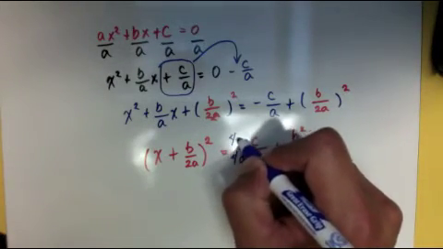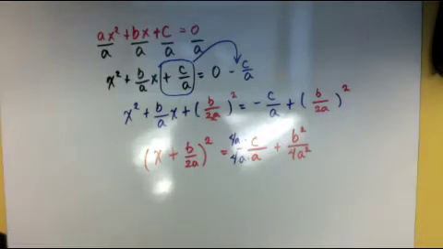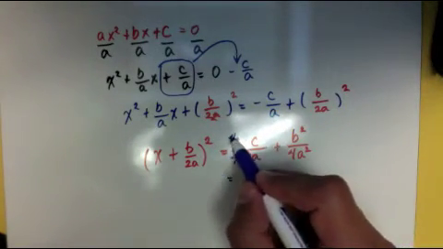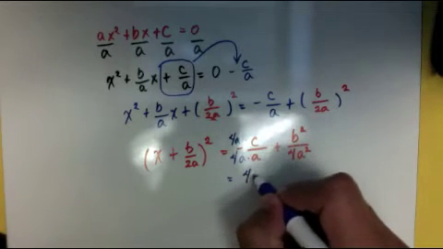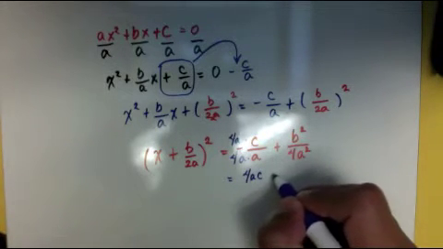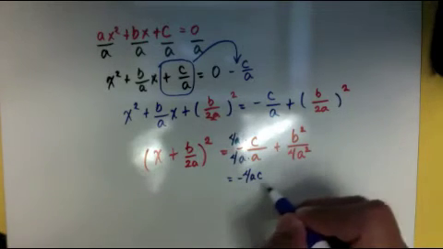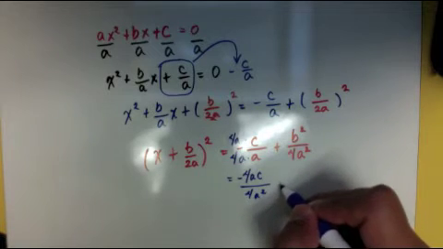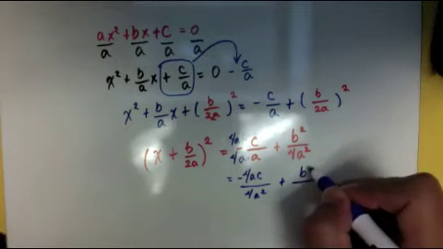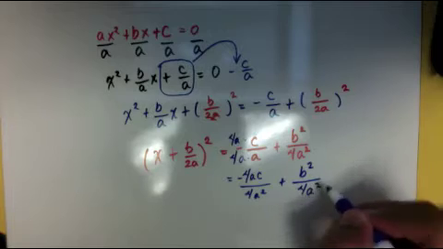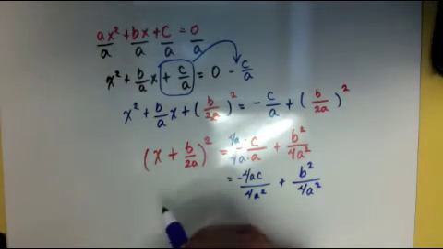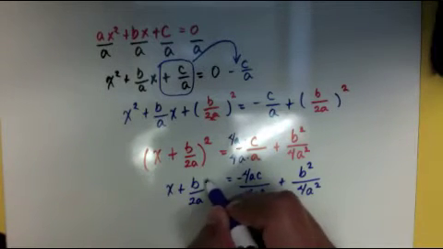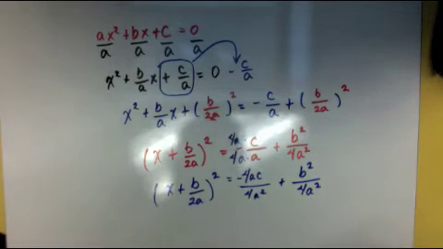But remember, whatever you do on the denominator, you've got to do on the numerator. So when I simplify this, I will get 4a times c is 4ac. Oops, negative. Over on the bottom, we have 4a squared. Plus, over here we just have our b squared over 4a squared. On this side we still have x plus b over 2a quantity squared.